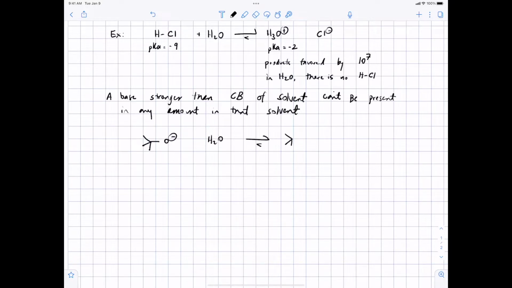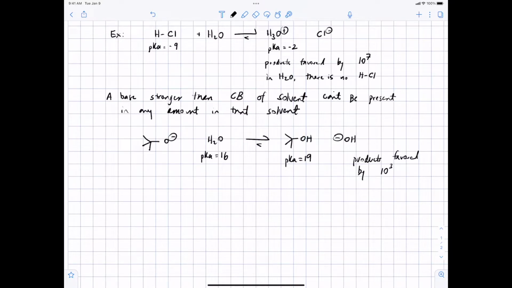And then, of course, tert-butanol is the conjugate acid of tert-butoxide, and then OH-. Again, find the acids on either side of the equation. The pKa of water is around 16. Turns out the pKa of tert-butanol is around 19. So again, products are favored by a large amount, 10 to the 3 at least.